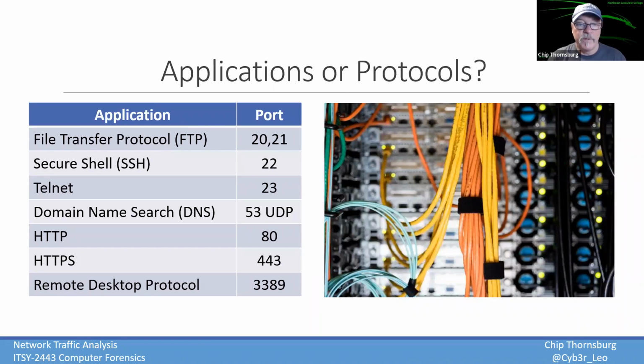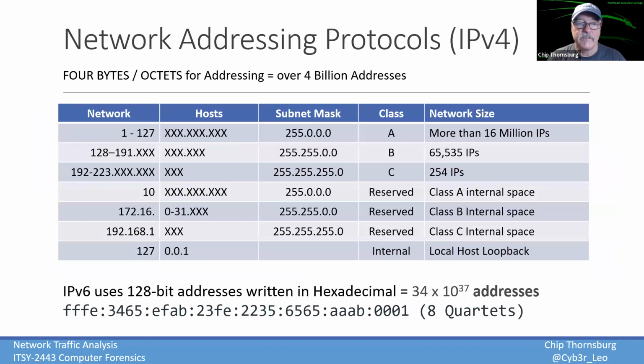Examples would be the File Transfer Protocol, FTP, which uses ports 20 and 21; Secure Shell, port 22; Telnet, port 23; domain name searches, DNS, port 53 on UDP, while 53 on TCP is a zone transfer or an attempted zone transfer; HTTP, web traffic, port 80; encrypted web traffic, the secure version, port 443; and Remote Desktop Protocol, 3389. We say protocols in forensics, and yes, they're protocols, but we also refer to them a lot as applications. So try not to get confused as we work through.